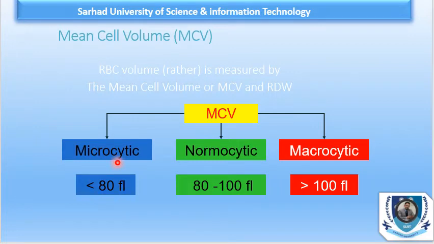In some diseases, like iron deficiency anemia, we have some elliptical cells as well, but they are hypochromic. Similarly, if the MCV value is about 80 to 100 femtoliter, that is the normal value of MCV. So we have normocytic, and if it is more than 100 femtoliter, then we have macrocytic anemias.